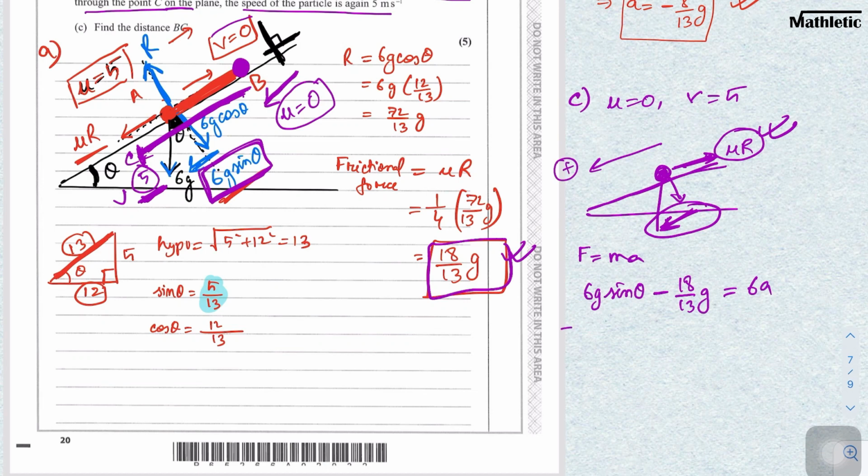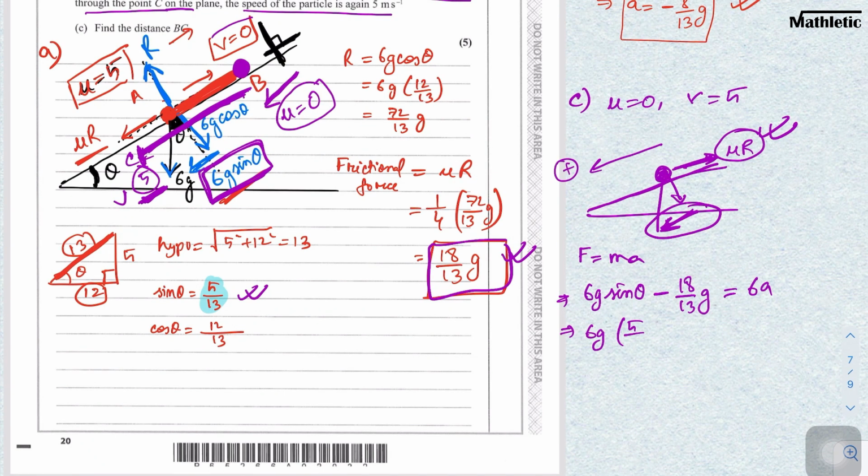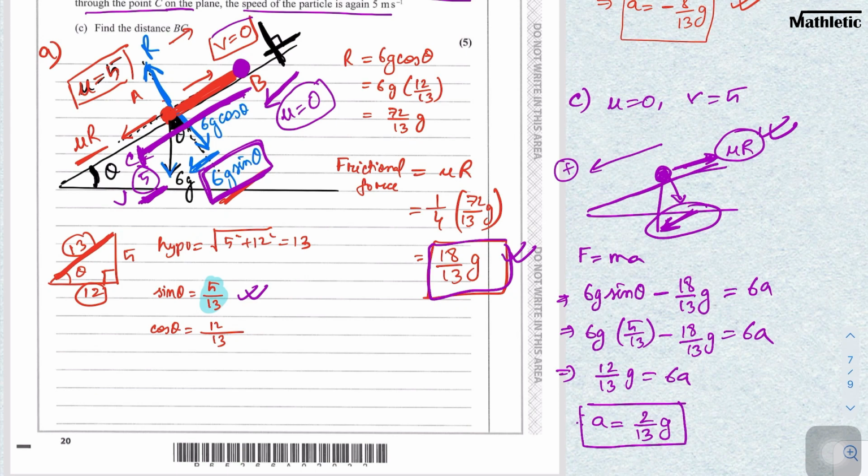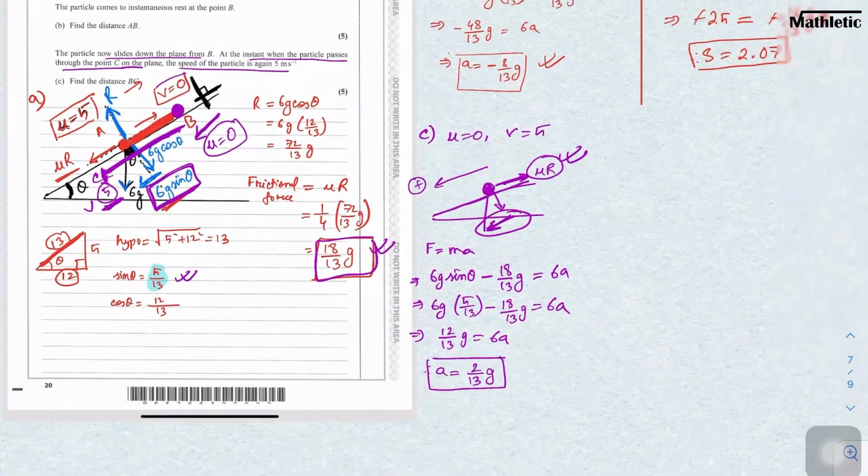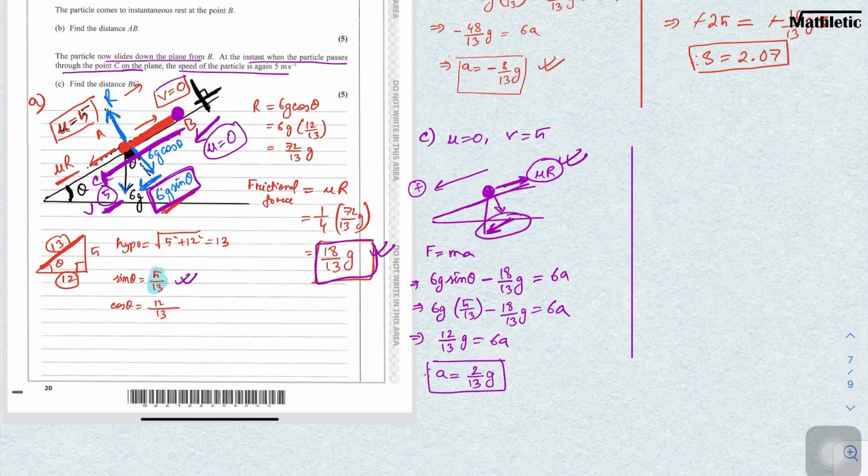So we need to calculate the new value for a, and we can substitute the value for sine theta, which is 5/13. So a is 2/13 g. It's positive because the particle is now accelerating down the plane.